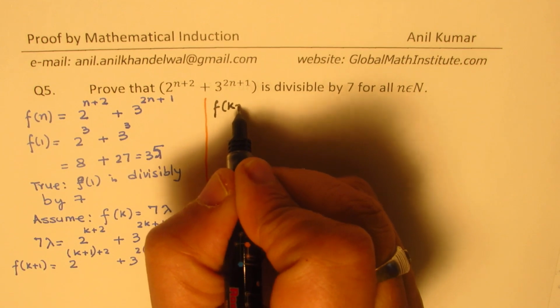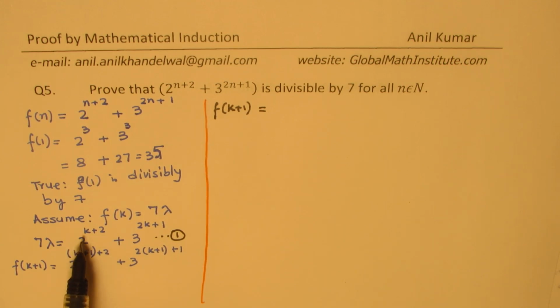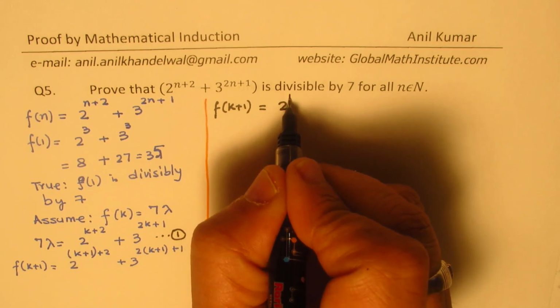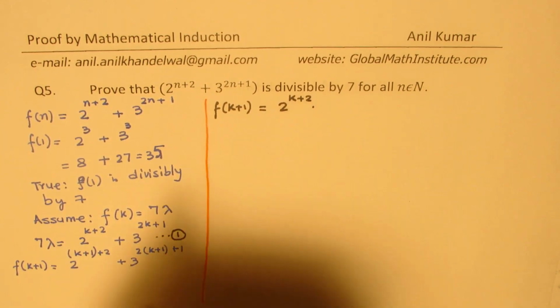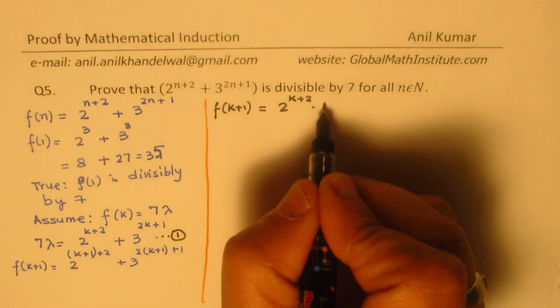So we have f of k plus 1 can be written as, so we can open this, since we are given 2 to the power of k plus 2 plus 3 to the power of 2k plus 1 as 7 lambda, we'll try to get that figure now, right? So we could rearrange and write this as 2 to the power of k plus 2 times, so that is k plus 2, and we have 2 to the power of 1, which is 2 left, right?